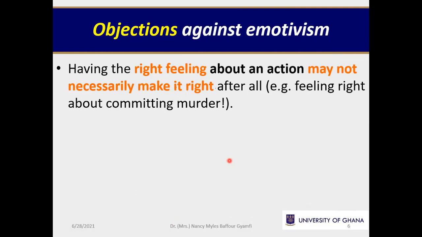Now, what are the objections against emotivism? Anytime you see objections, it means what has anyone found wrong with the emotivist view. Having the right feeling about an action may not necessarily make it right after all. Feeling right about committing murder does not in itself make it right or wrong.